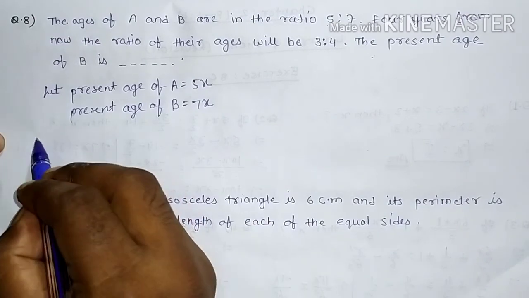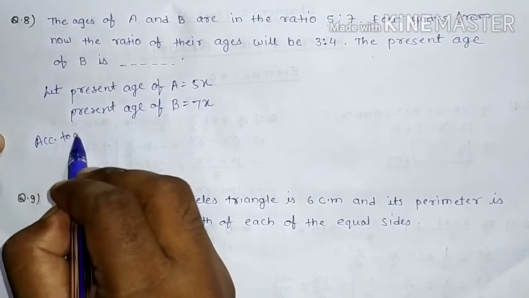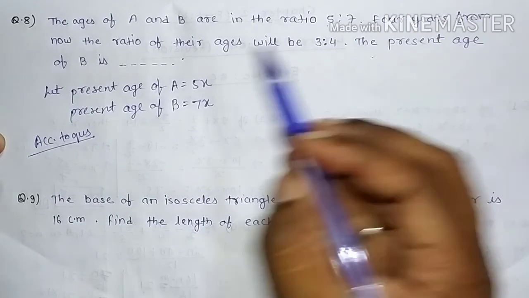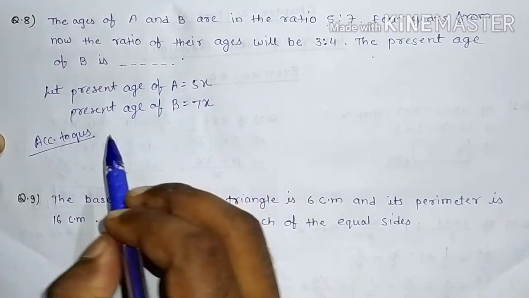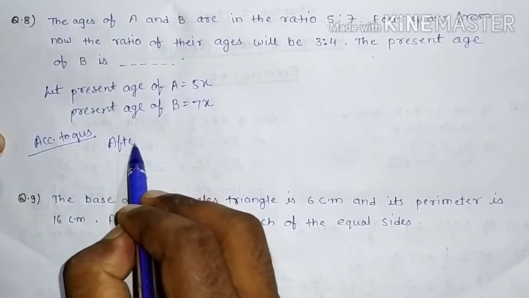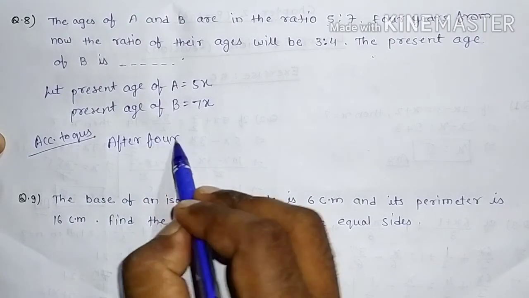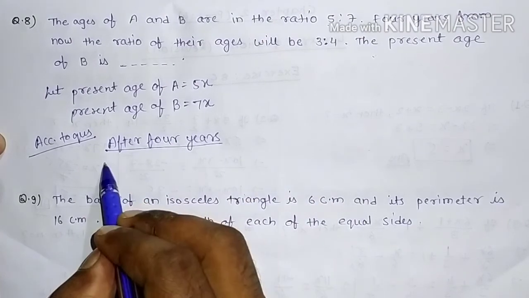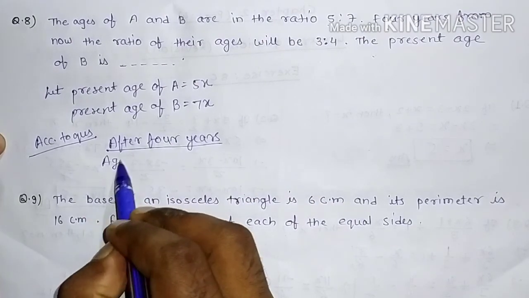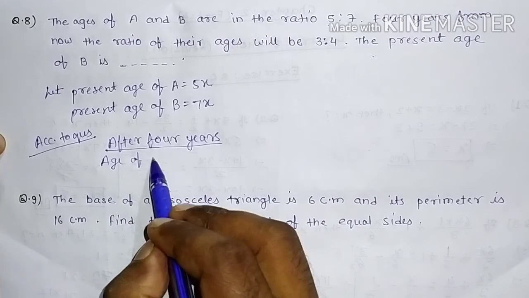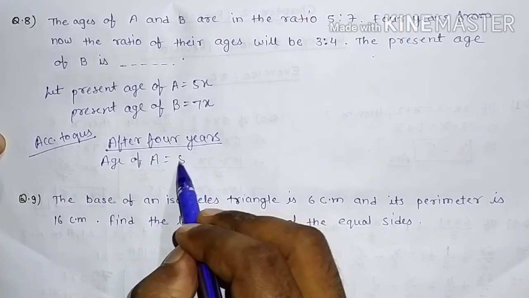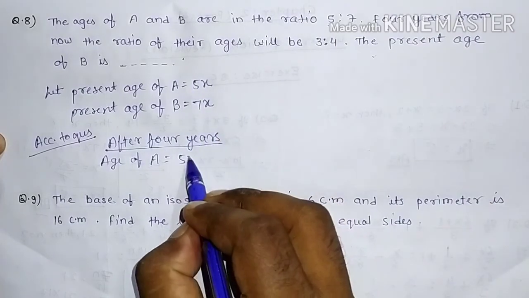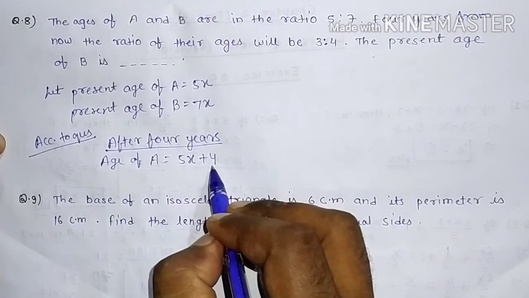Now, according to the question, 4 years from now, that means after 4 years, the age of A will be 5x plus 4. The present age of A is 5x, and after 4 years the age will be 5x plus 4.